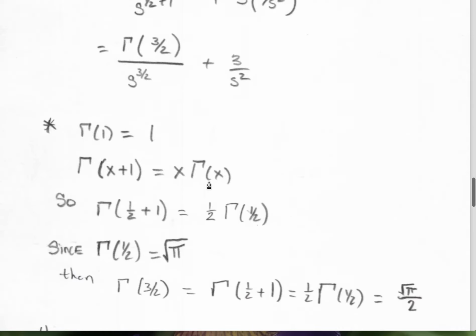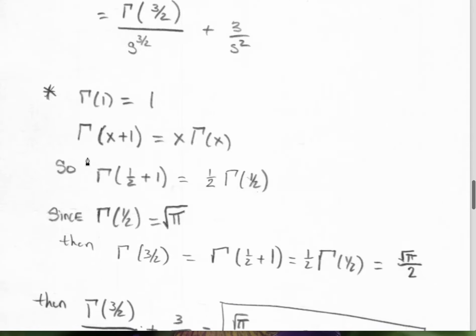And for example, gamma of 1 equals 1, we know that. And we also know that the gamma of x plus 1 is the same as x times the gamma of x. So if we have gamma of 1/2 plus 1, that's equal to 1/2, so the x comes out in front, 1/2, times the gamma of 1/2.